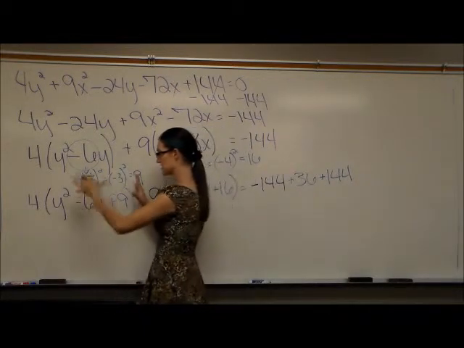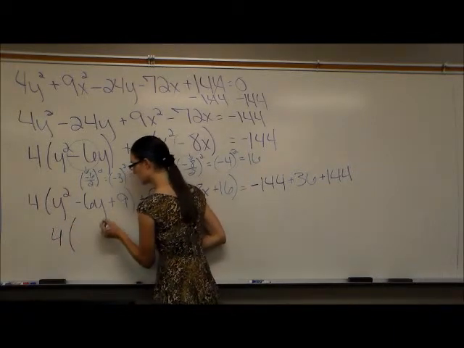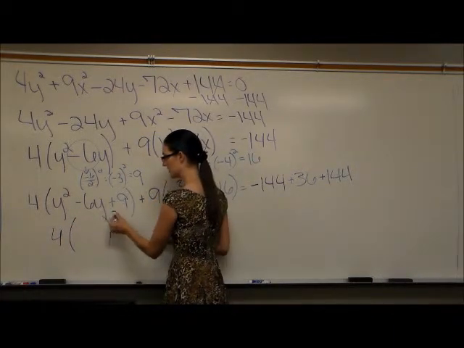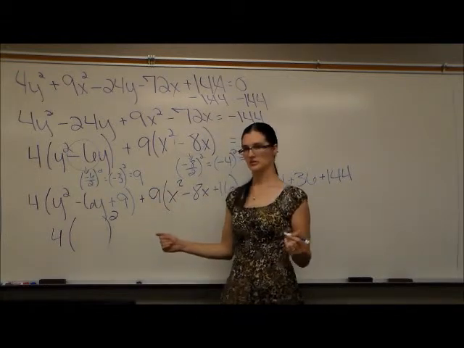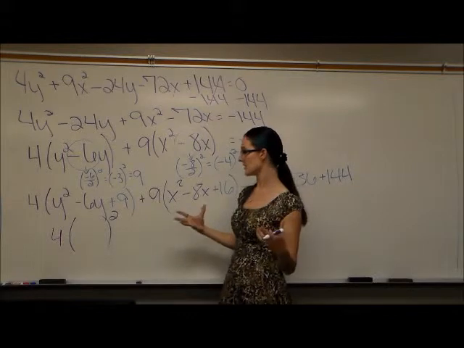What happens over here, since we've done this, the whole reason of doing this is we want to be able to factor this trinomial into something squared. It's going to make it nice and simple and clean so that we can get our standard form that we want.